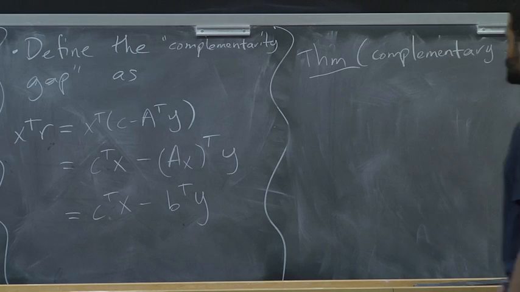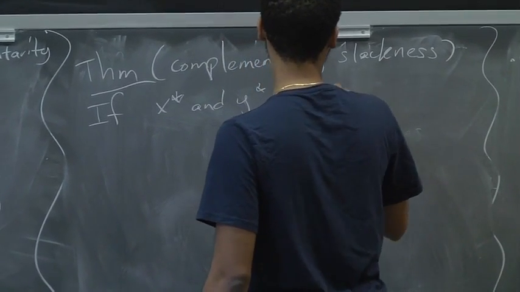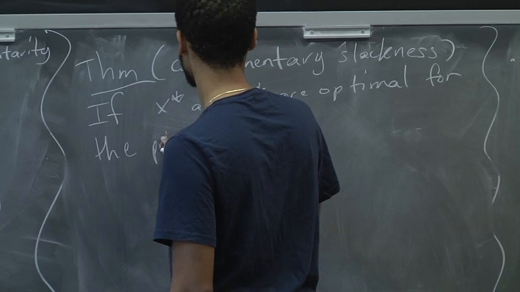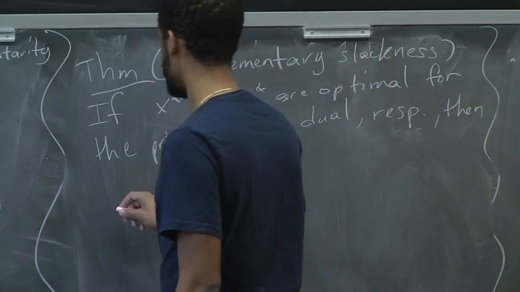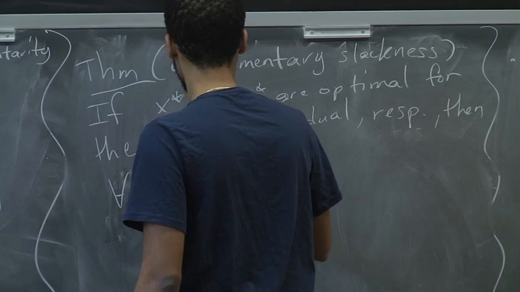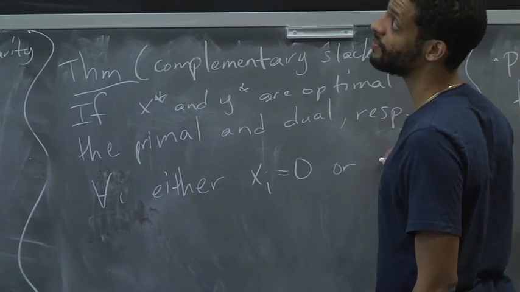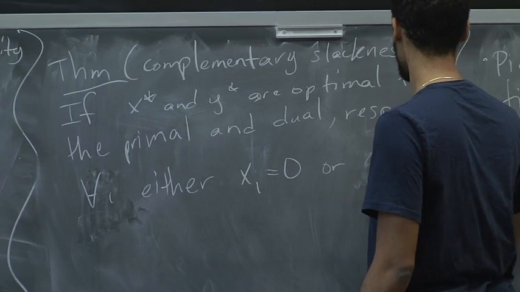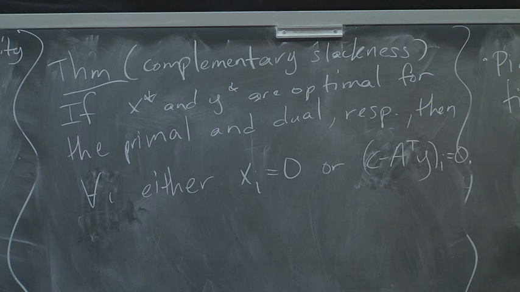Complementary slackness says if x star and y star are optimal for the primal and dual respectively, then for all i, either x_i is equal to 0 or (c minus A transpose y)_i is equal to 0. So either the dual slack is 0 or the primal variable is 0.